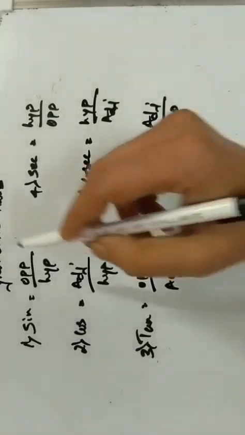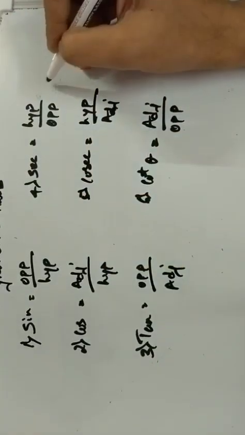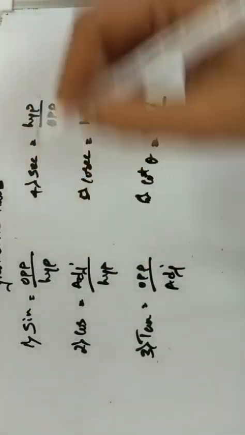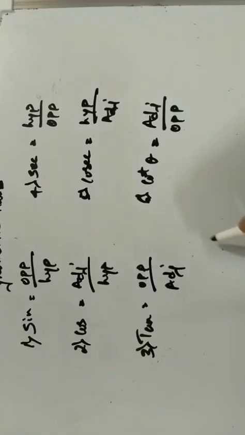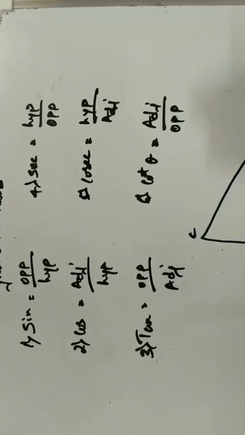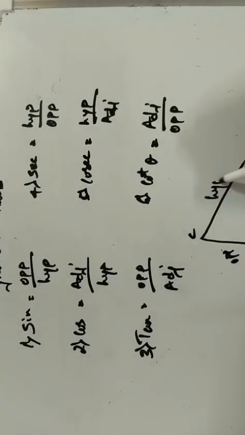Please note that you need to remember the first one itself. In a triangle, for this triangle we will put A, B and C. If this is the angle, the side opposite to the angle is called opposite, the side below the angle is called adjacent, and the longest side is called the hypotenuse.